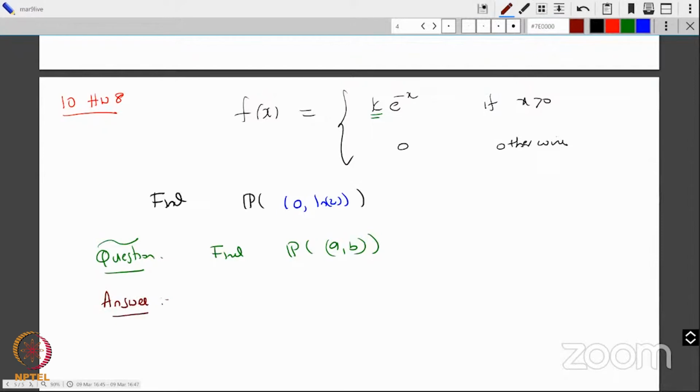So how do you find the k? First of all, for f to be a PDF, we've already seen that f of x needs to be non-negative. That's the first thing. You also need f to be piecewise continuous.